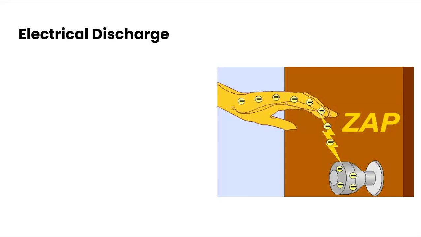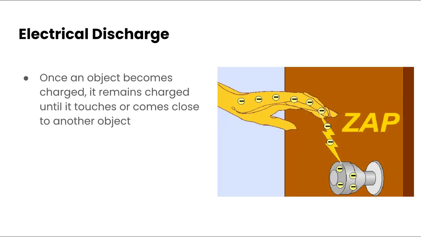For example, if you drag your feet on the carpet, you're actually building up electrons in your skin. And then when you touch an object, or even come near to an object like a steel door handle, those electrons are going to want to escape and travel to that door handle. And so that transfer of electrons is that zap that you feel.